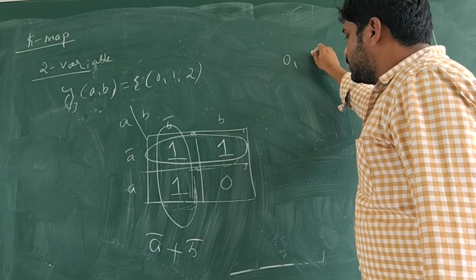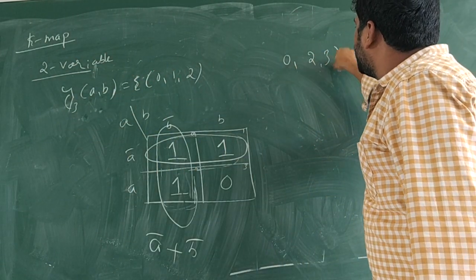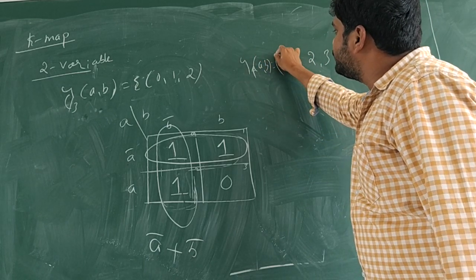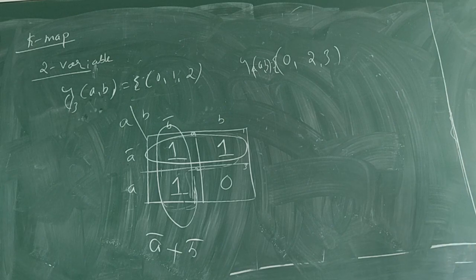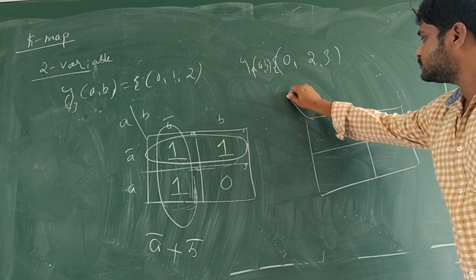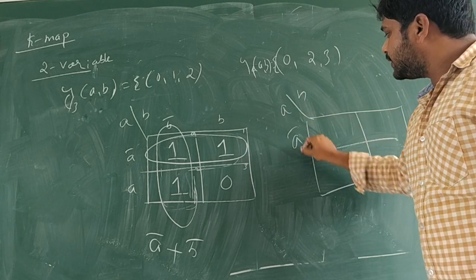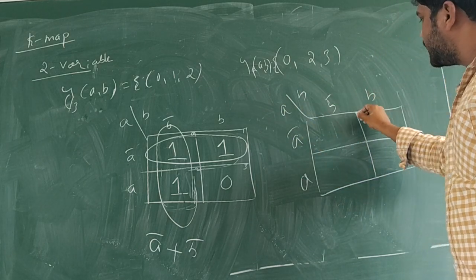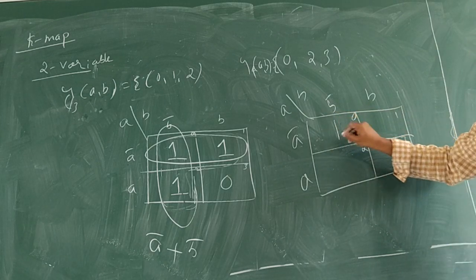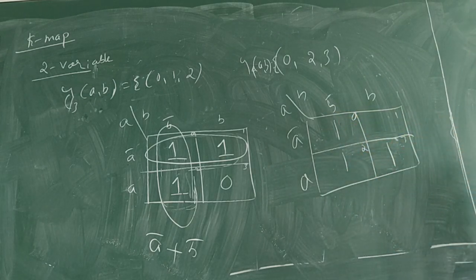So one more problem. 0, 2 and 3. Y4 is a function of A B, 0, 2, 3. A here, B, A bar, A, B bar and B, 0, 1, 2, 3. So 0, 2, 3.